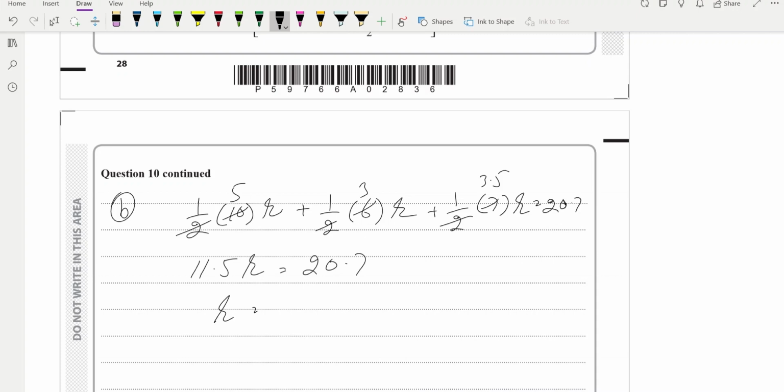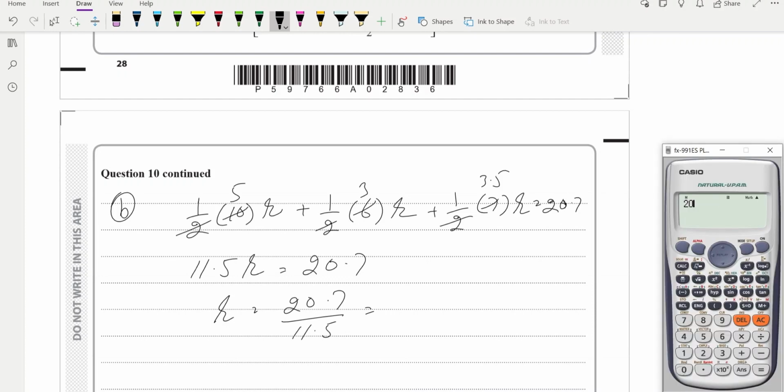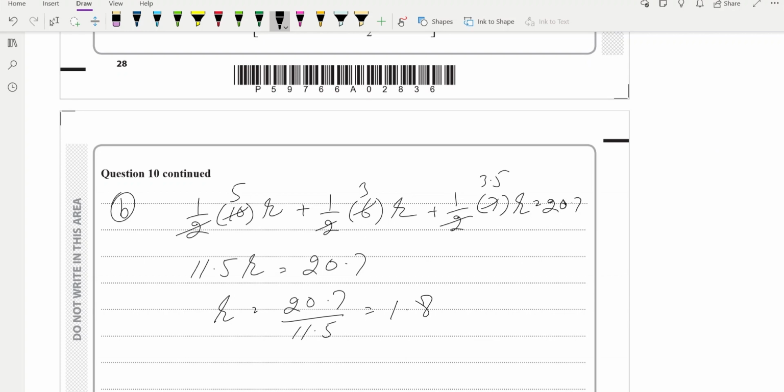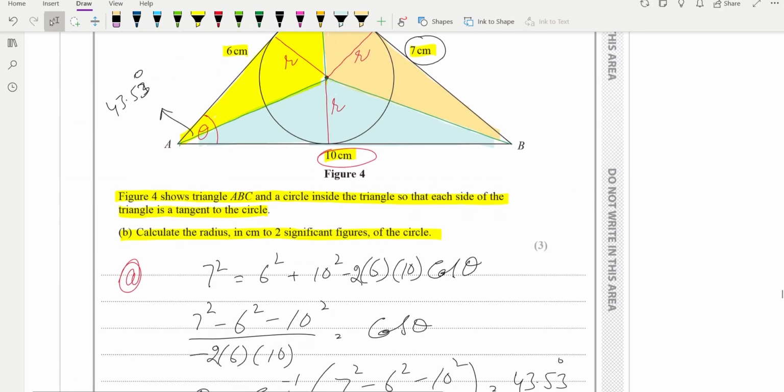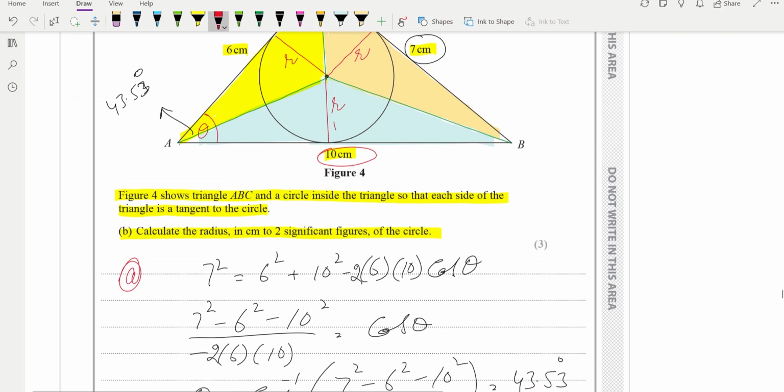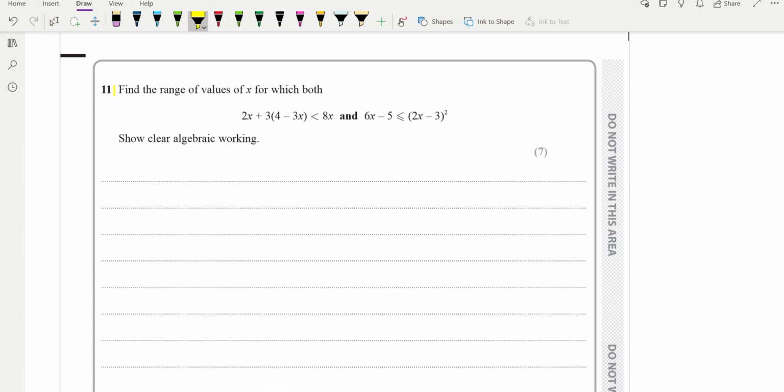So R will be equal to 20.7 divided by 11.5, and 20.7 divided by answer is equal to 1.8 centimeters. This will be the radius of the circle which we found. So radius will be 1.8 centimeter.